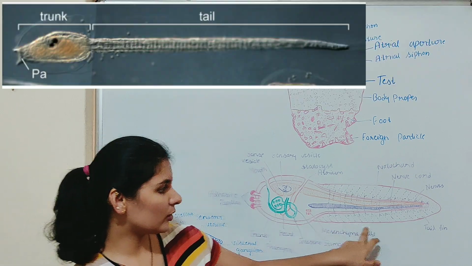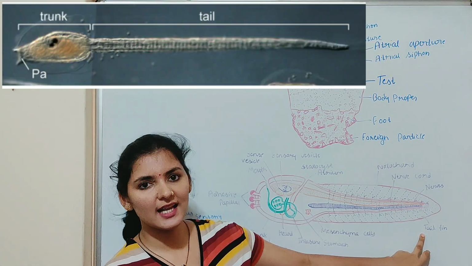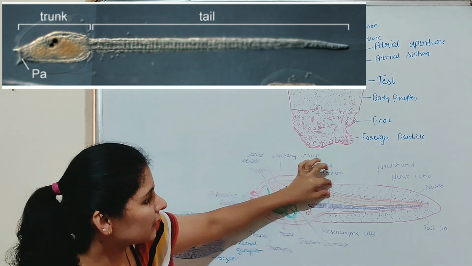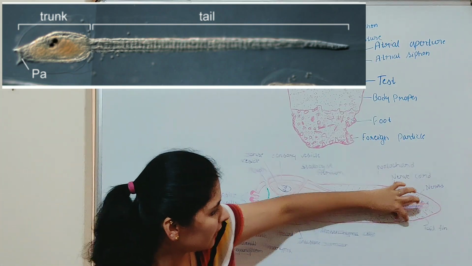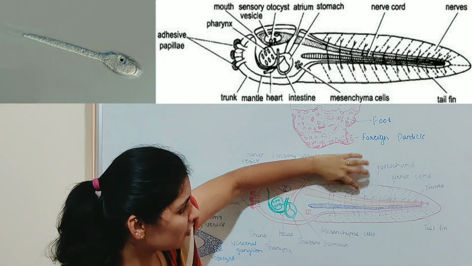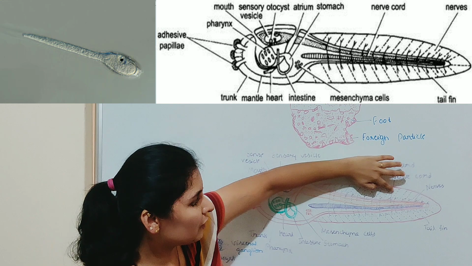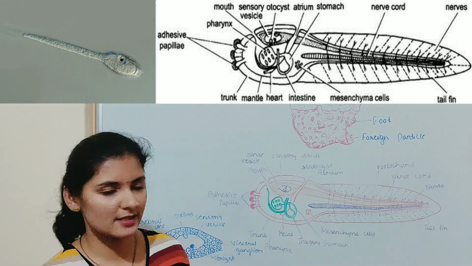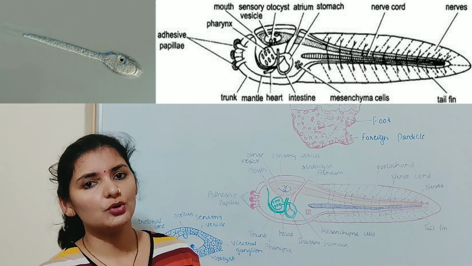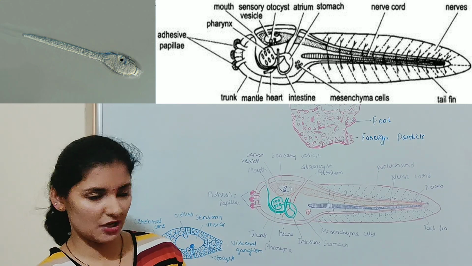Now let me talk about the posterior part of the larva, that is the tail. The tail is laterally compressed and it is fringed with a caudal fin, which is made up of test or tunic. The tail also consists of oblique striations which look like fin rays. The tail is provided with tail muscles which show superficial segmentation.